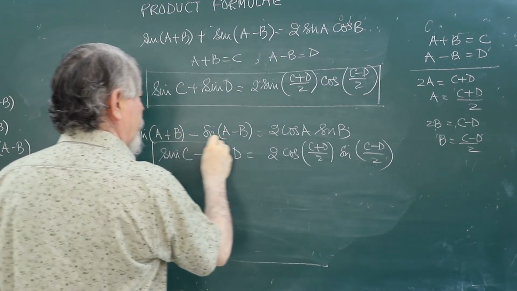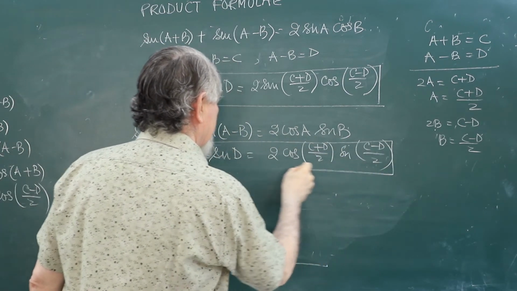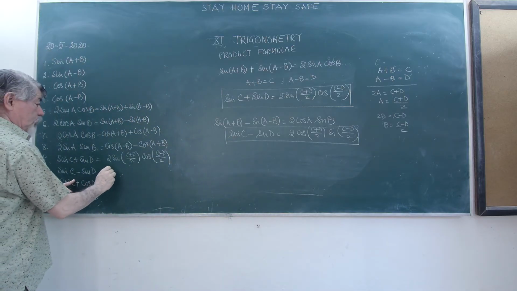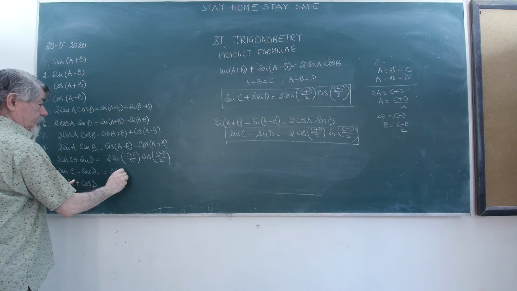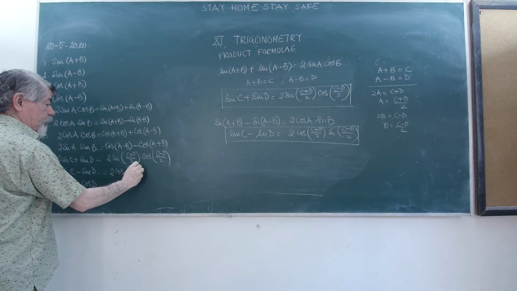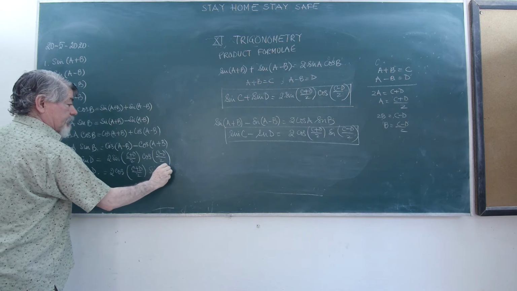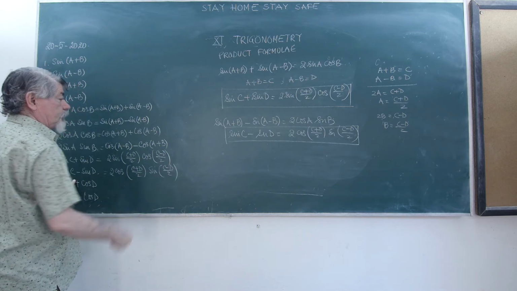We have got another formula. Sin C minus sin D is 2 cos C plus D upon 2 and sin C minus D upon 2.